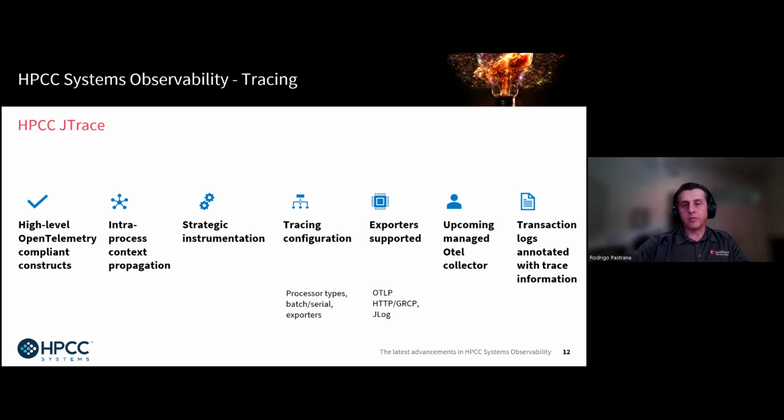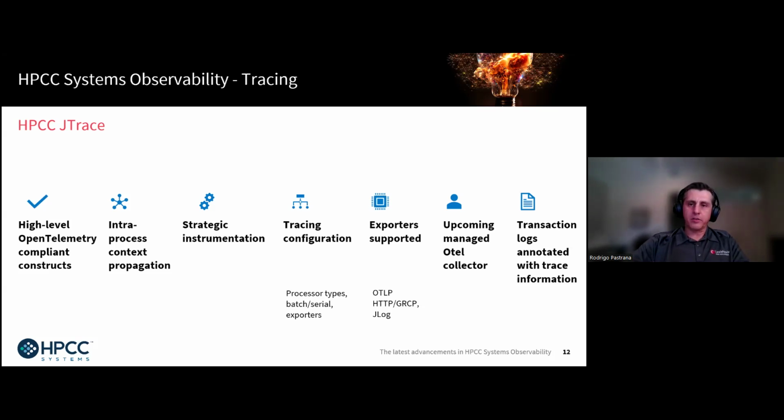In essence, all they have to do is strategically decide which units of work should be traced. JTrace ensures tracing context is propagated across internal components and out to and from any third-party system which also supports OTel tracing standards, which is critical to ensure all related spans are associated within a single trace and their span ancestry is maintained.